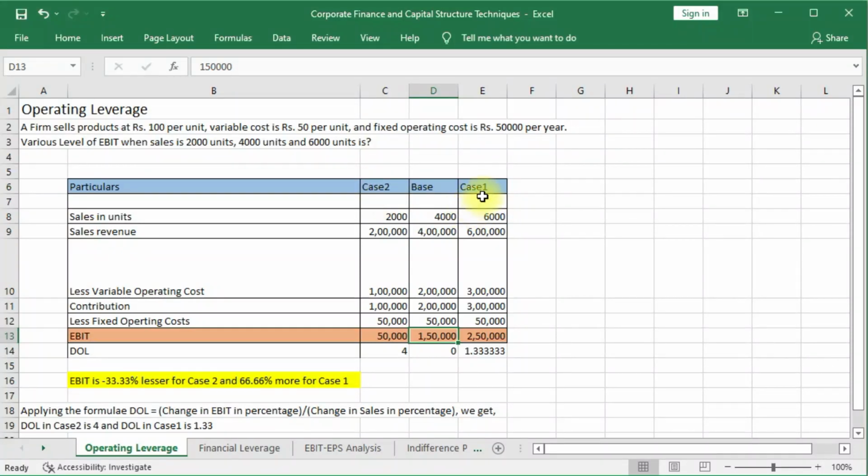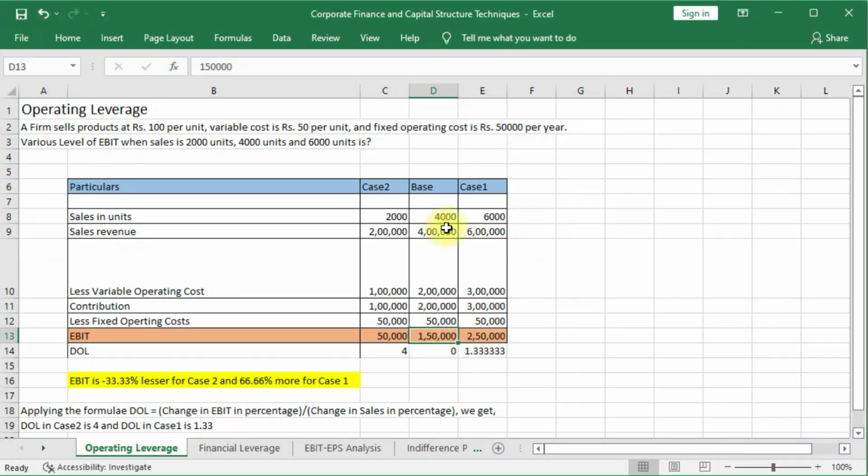Similarly, for case 1, we find the EBIT to be 250,000, and for case 2, we find the EBIT to be 50,000. Now we'll examine the degree of operating leverage. Even before that, we see there is a significant difference in earnings. From the base, when sales is reduced by 2,000 units, EBIT falls from 150,000 to 50,000.